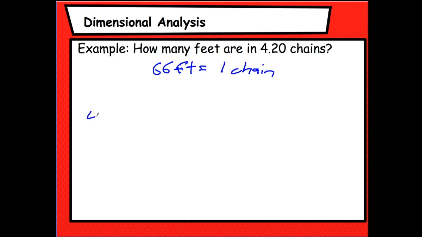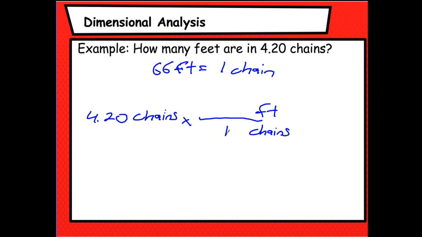Okay, so I'm given 4.20 chains. Multiply by a fraction bar. I'm looking for feet. That'll go on top. I'm given chains. That's going on the bottom. Again, I'm making sure my units cancel out. So chains will cancel out with chains. I know that one chain is 66 feet.